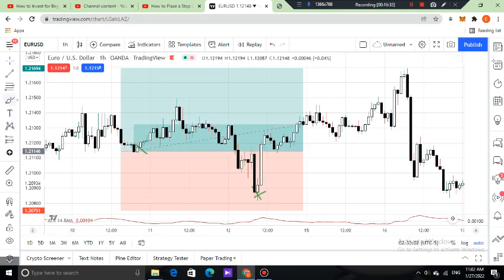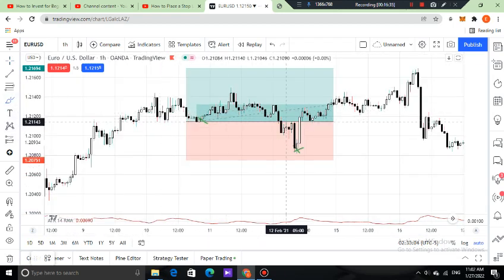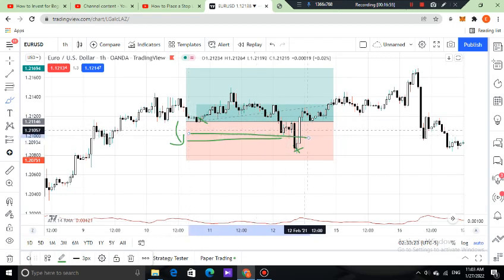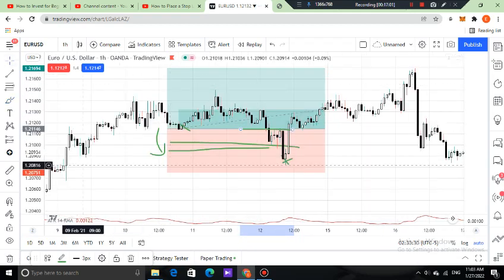But what you do is you add to your position size, and by doing so you make your entry point lower, and if price goes up and touches the initial entry point, you can get out the position with profit.